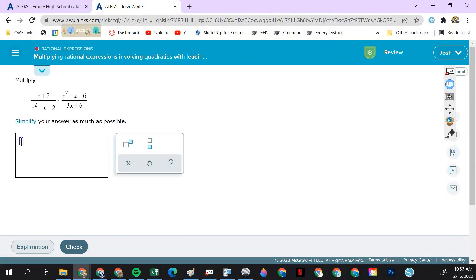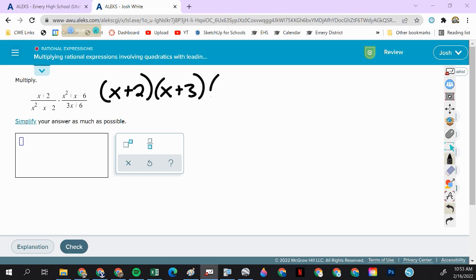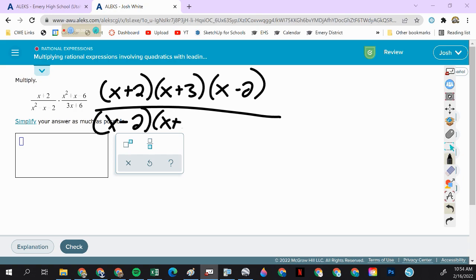Okay. 6.3 is just, we're just going to do the second half, which is an extension of what we did before. So here, I'm going to factor the top: x plus 3, x minus 2, and x minus 2, x plus 1.